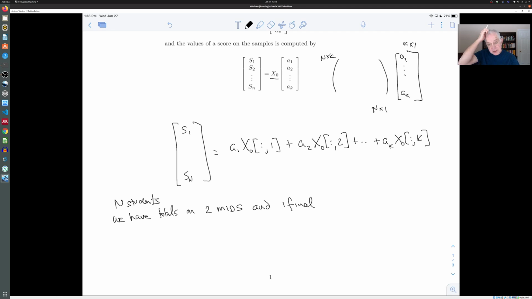And those are our features. So our data matrix is n by 3: midterm 1, midterm 2, and final. And we have for each student the corresponding student's score on those different assignments.